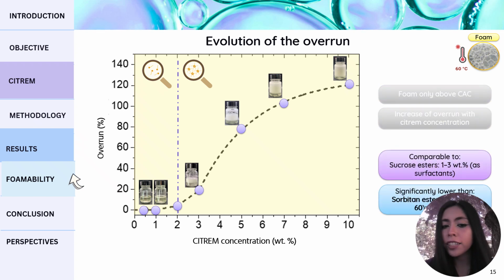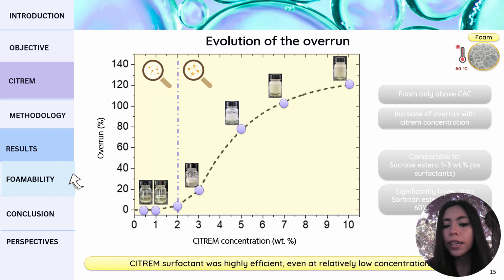In our case, we can start producing foam above the critical aggregation concentration, above 2 weight%, but this is comparable to the sucroesters, where we can start producing foam from 1 to 3 weight%, but is significantly lower than the sorbitan esters, where we need more than 6 weight% to produce these foams. And Citrem surfactant was highly efficient, even at relatively low concentration.